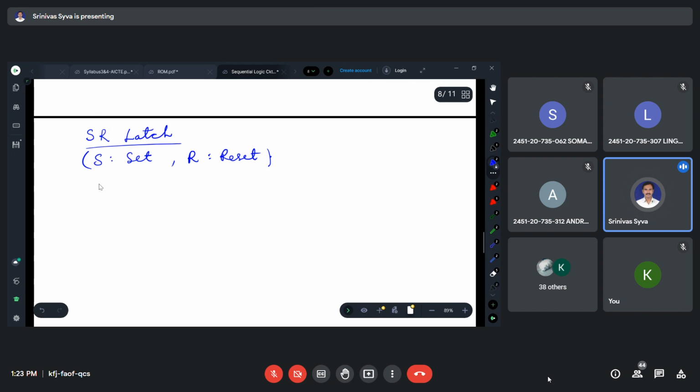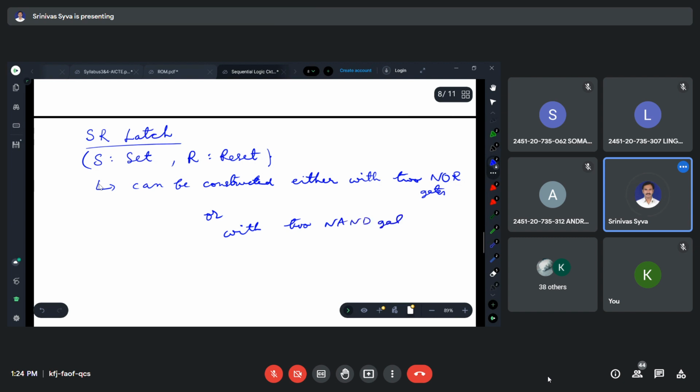it's a circuit diagram. So the SR latch can be implemented with the help of NOR gates or with the help of NAND gates. It can be constructed either with two NOR gates, or with two NAND gates.